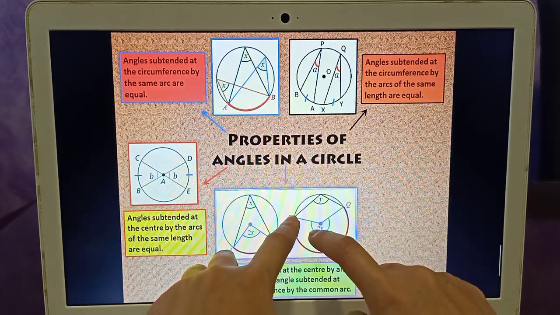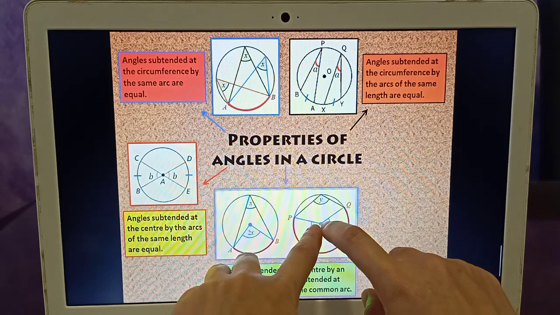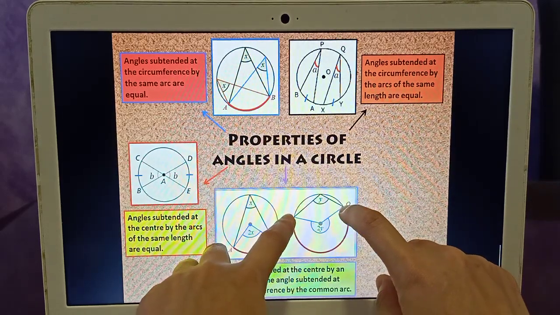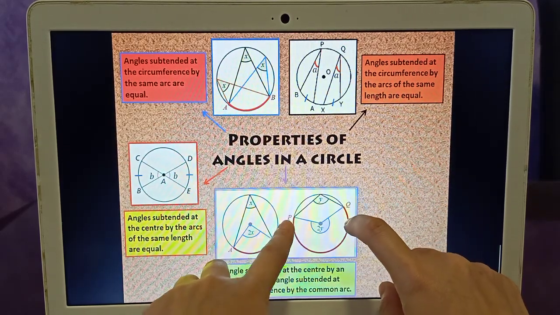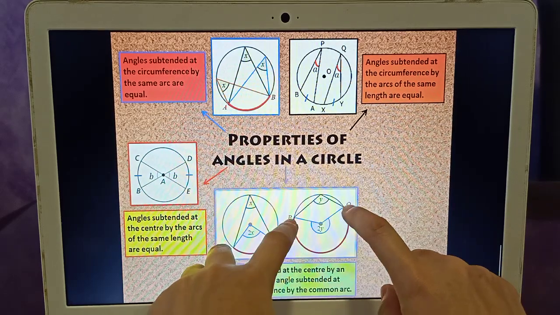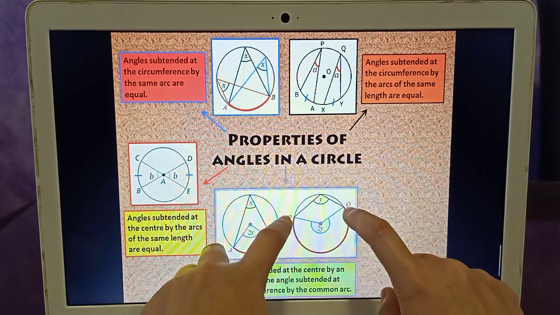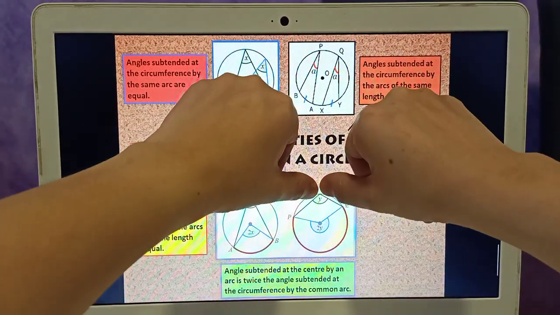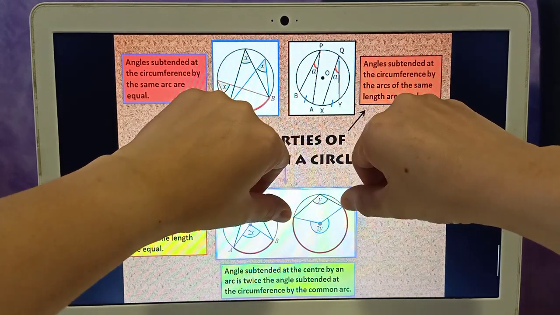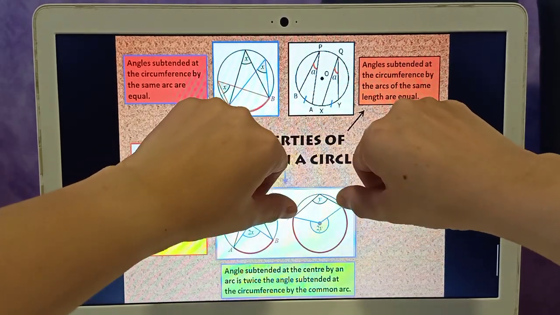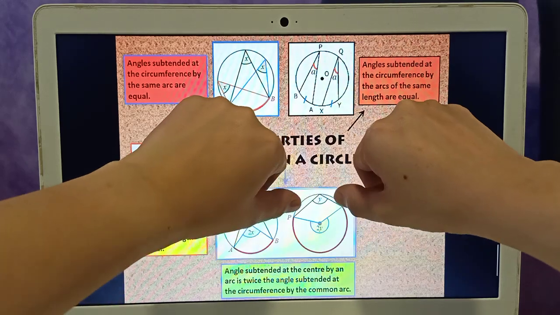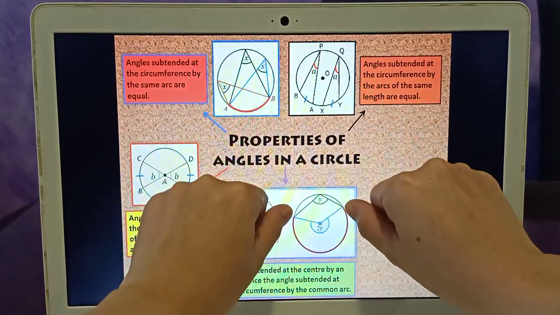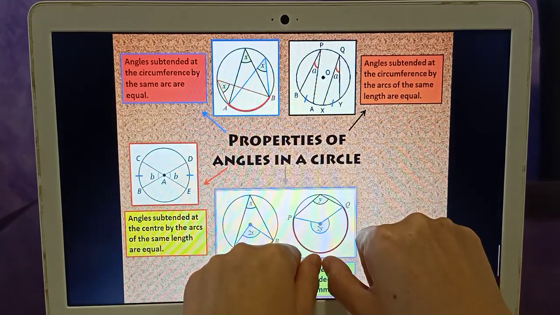So 2y is the angle subtended at the center by the major arc PQ. The green one is the angle formed by two chords, subtended by the major arc PQ.